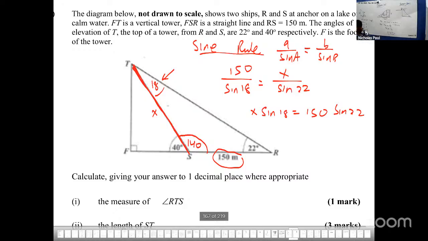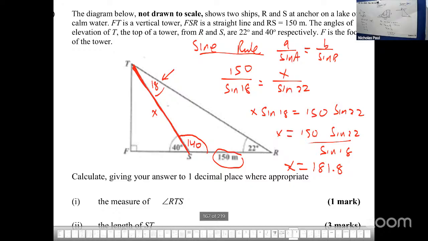So x is equal to 150 sine 22 over sine 18. X is how much? 181.8.